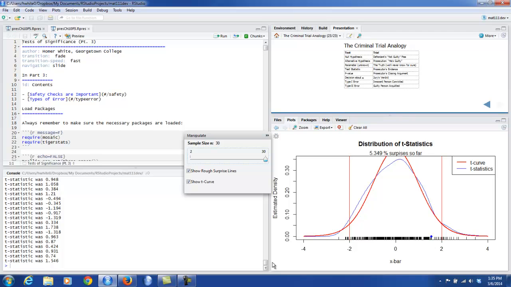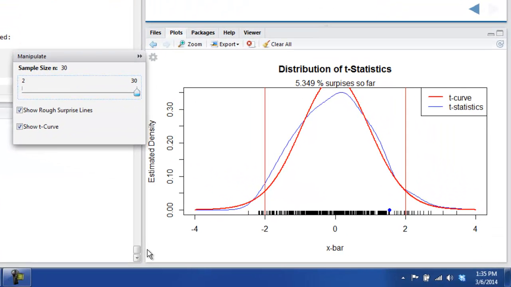So welcome back. Notice that I've taken quite a few samples of size 30, computing the t-statistic each time. The blue density curve that represents our estimate of the distribution of the t-statistic is much more symmetric this time, and much more similar to the theoretical t-curve with 29 degrees of freedom that you see there in red.